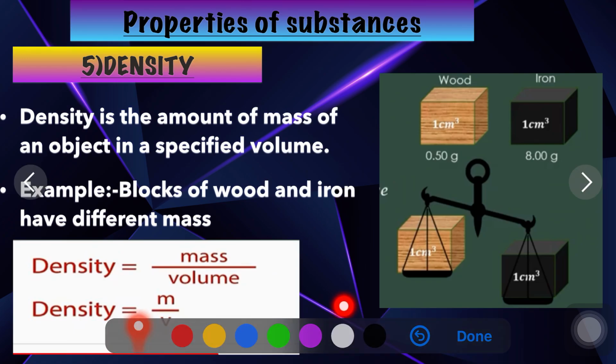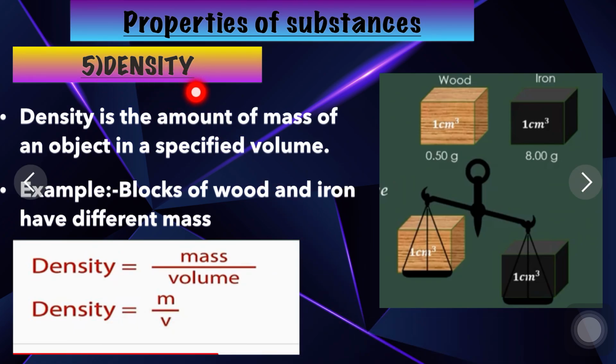Next property is density. If two blocks of the same size, one wooden and the other of iron, are weighed in a balance, how would they compare? The mass of different substances having the same volume can be different. This difference is because of the difference in their densities.